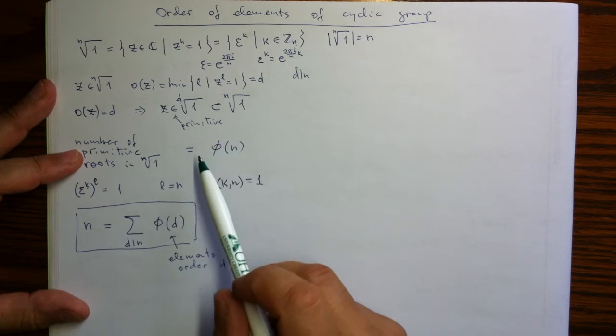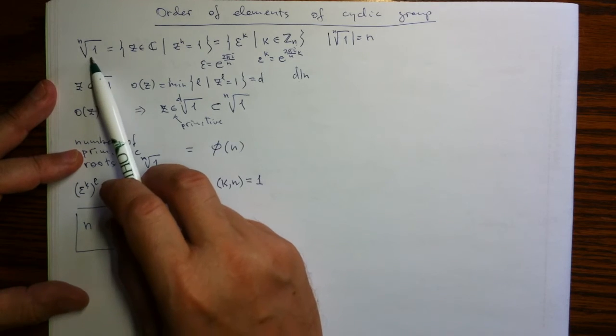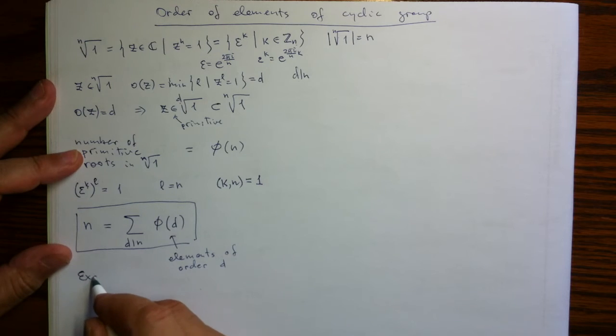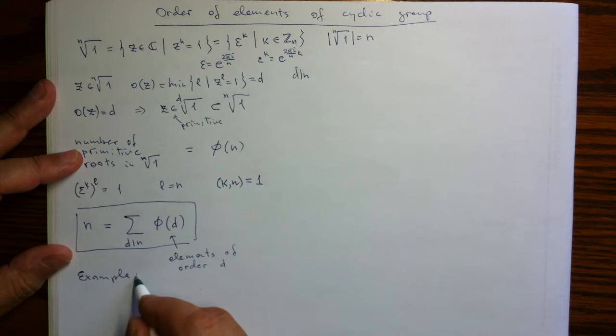And since any cyclic group is as good as any other, this for example is a result about orders of elements in an arbitrary cyclic group. So now we can apply it to not just roots of 1, but integers mod n, or integers mod a prime, but under multiplication, so non-zero integers modulo a prime.